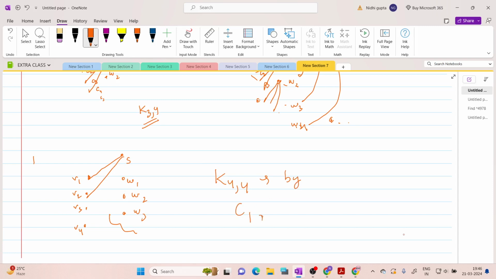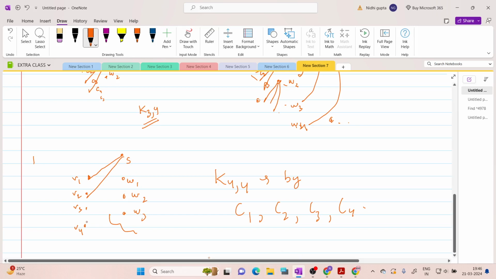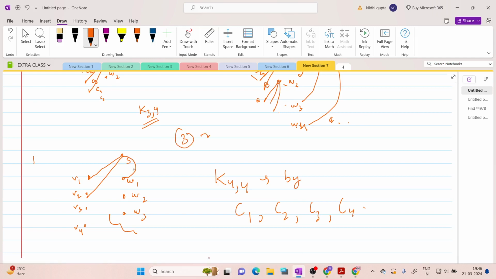Suppose I have colored K44 by C1, C2, C3, C4. Now I have just three colors left. I can give the fifth color C5 to SW1, C6 to SW2, and C7 to SW3.